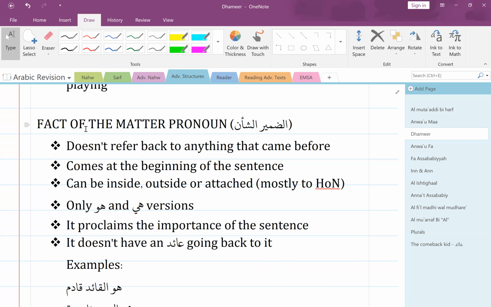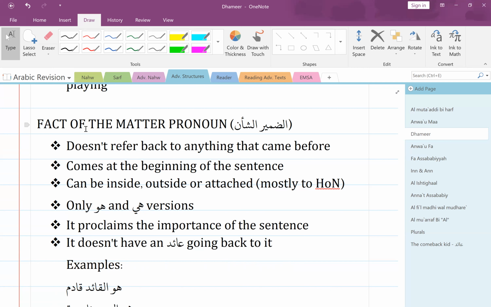And this pronoun doesn't refer back to anything that came before. Normally, when you have a pronoun, for example, if I say Fatima came today, she was visiting me. So Fatima came today, and then I bring a pronoun to refer back to Fatima. So I use a pronoun to refer back to something that came before.